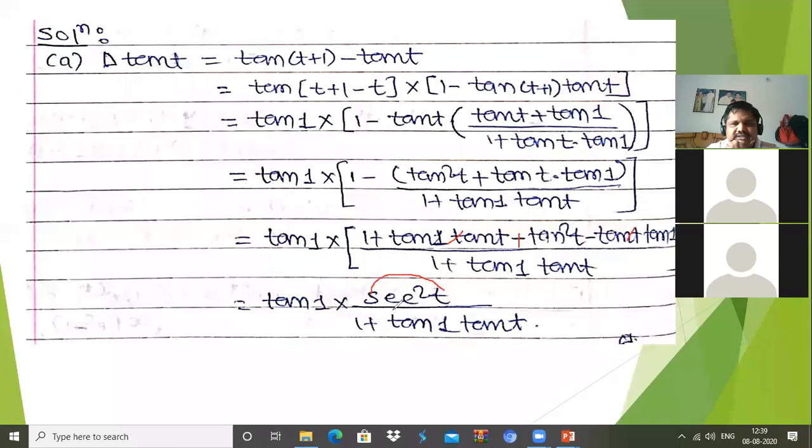Okay, 1 plus tan square theta is sec square theta. So this should be plus tan square theta, and therefore tan 1 into sec square t upon 1 plus tan 1 tan t. You see this only, or in the next lecture I will clear this term also. It is something different.